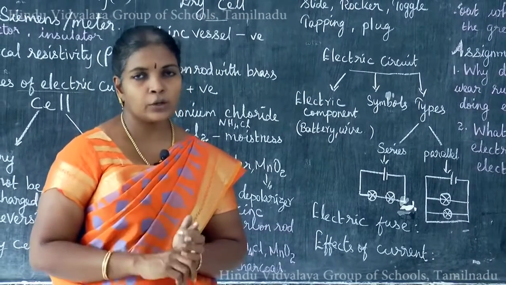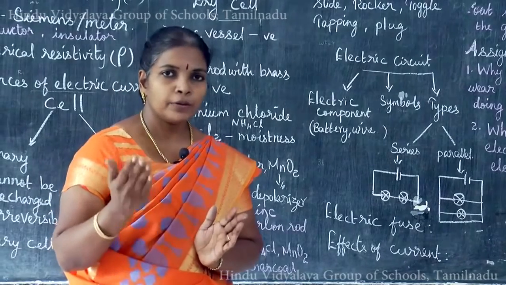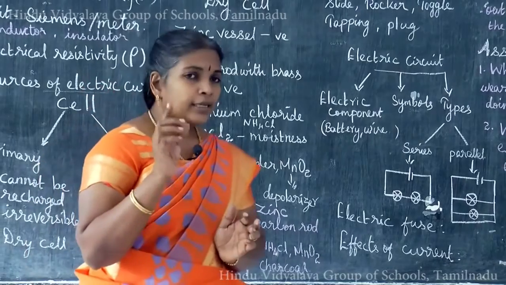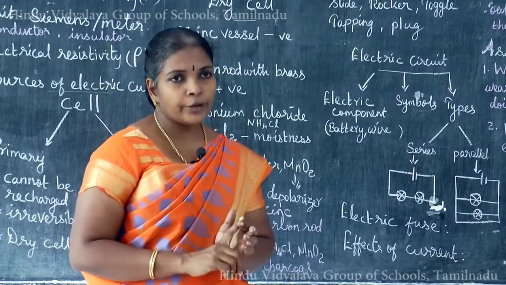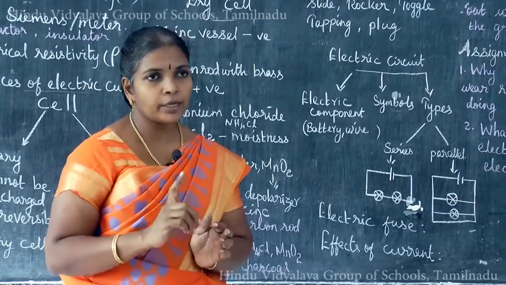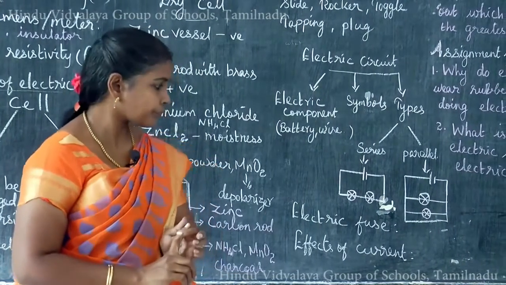Then water heater, room heaters, electrical energy is converted into which energy? Heat energy. And the heating element is made of material with a high melting point. High melting point means it withstands very high temperature.